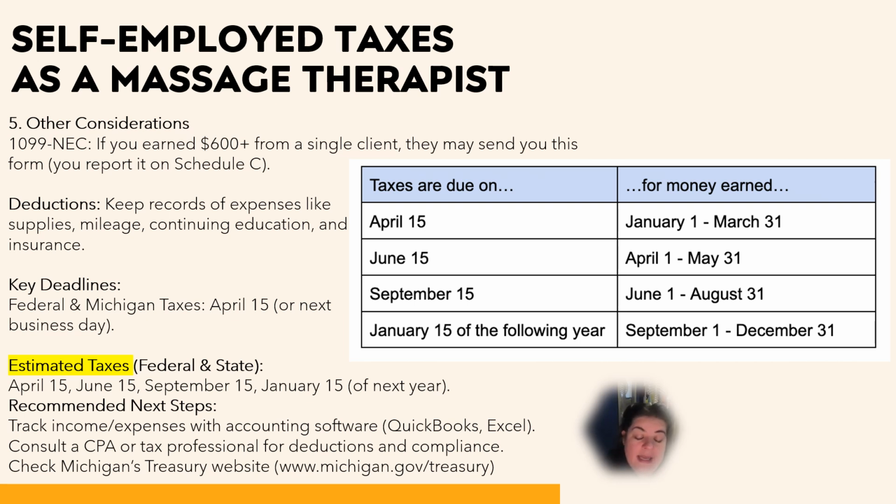All right. Again, recommended next steps. We already talked about using a tax preparation service of some sort, a tax professional, a CPA, to make sure you're getting all those deductions that you are eligible for, but also that you are in compliance. You are legal, you're getting all the money that you deserve. You can also check out the Michigan.gov Treasury and make sure you are tracking that income and expenses.